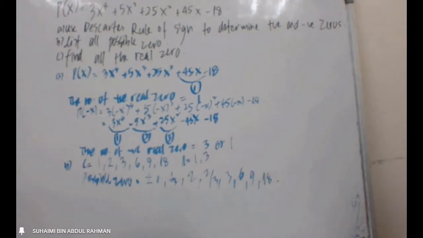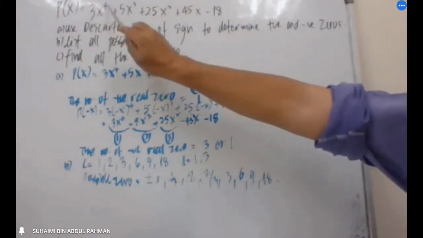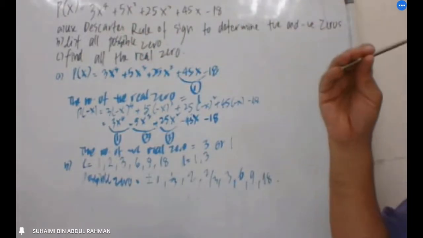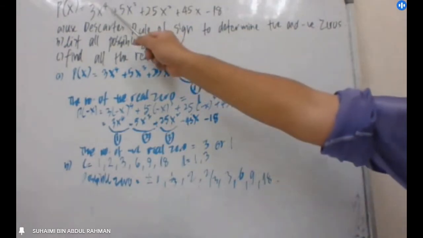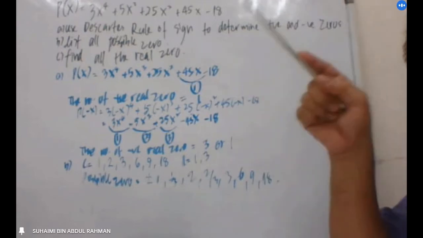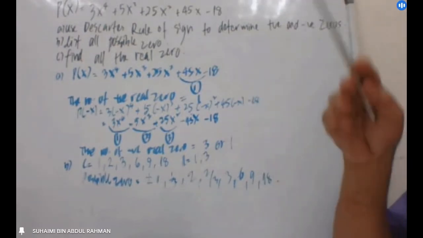Four, sir. 4 zeros. Yes, correct. But why? We look at the degree of the polynomial. How to know the degree of a polynomial? The highest power of x. In our case, the highest power of x is 4. So that is the degree of the polynomial, and also that is the number of zeros of our polynomial, 4 zeros.